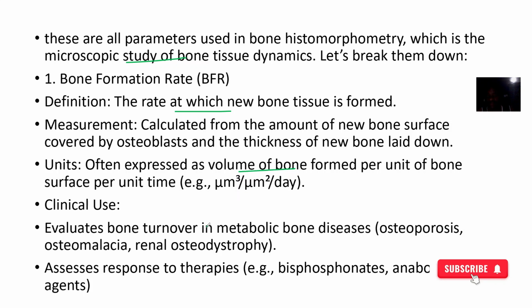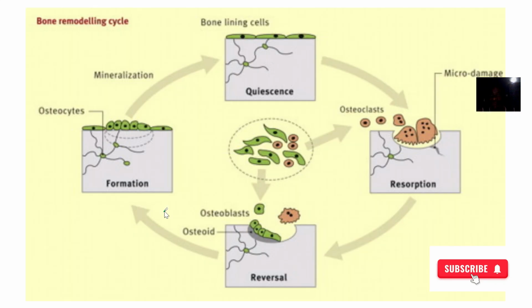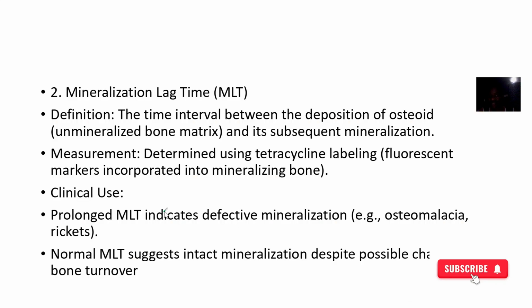Clinical use: it can be used in metabolic diseases like osteoporosis, osteomalacia, renal osteodystrophy. Do you understand? It can also be used to assess, if you are treating a patient that has a weak bone, how the patient is recovering.